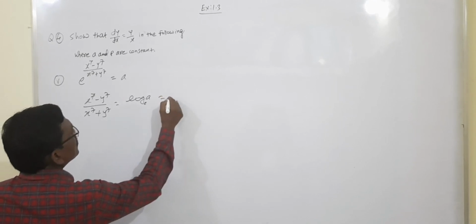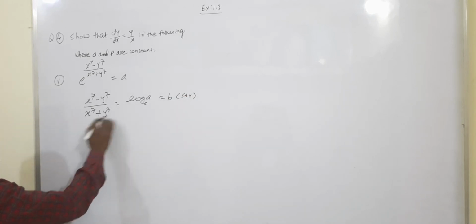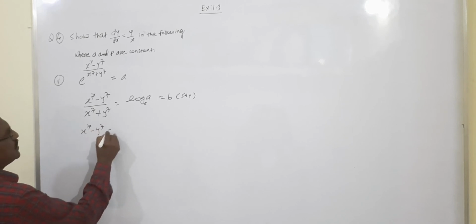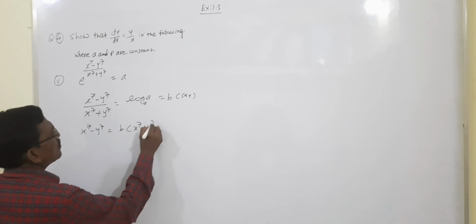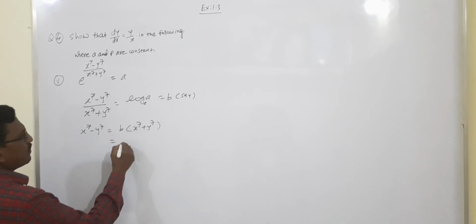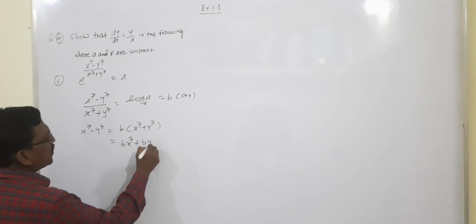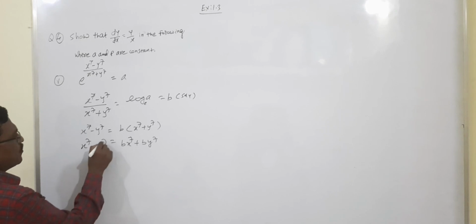We say this constant is b. Now we take this term to the right hand side, it is equal to b into x to the power 7 plus y to the power 7. Now we multiply: b into x to the power 7 plus b into y to the power 7 is equal to x to the power 7 minus y to the power 7.